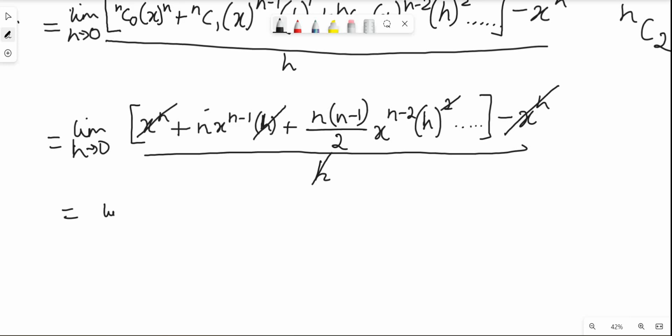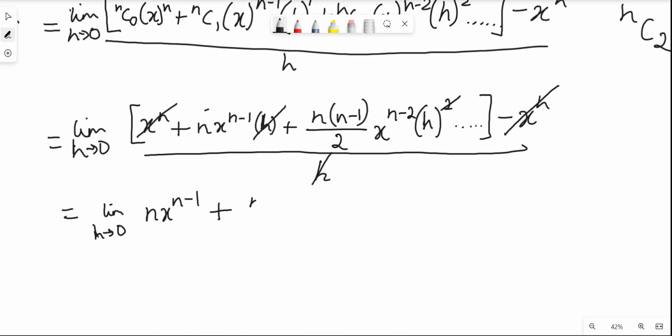So we have the limit as h goes to 0 of n x power n minus 1, because we canceled the h, there's no h anymore, plus, and this looks promising because remember, this is the formula for the power rule. So this is probably the right track, we'll see.